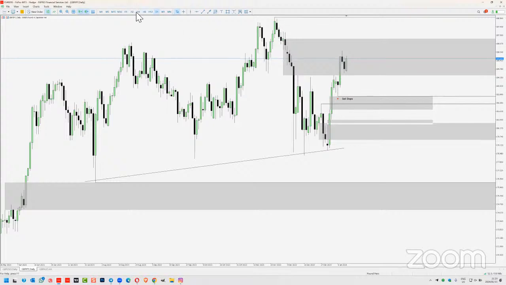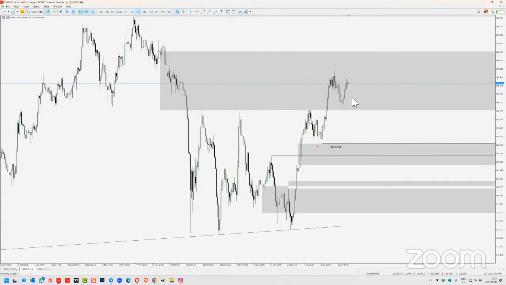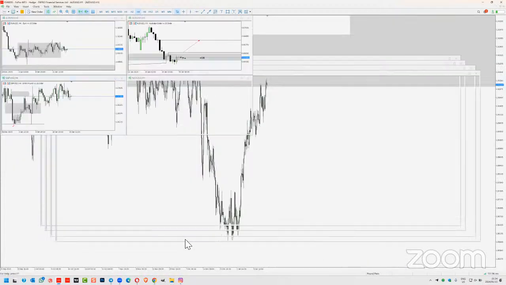So longs are ideal on pound yen, targeting 188.655. So I hope that gives you a bit of an understanding, Brighton, in the way you're going to approach GBP JPY.